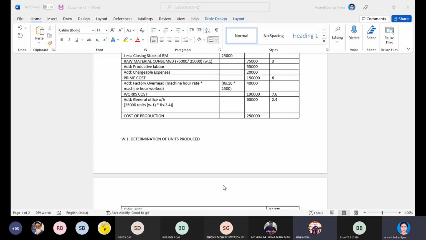Yes, 1 lakh 50 plus factory overhead 40,000. 1 lakh 90. And from 1 lakh 90, we are adding opening semi-finished goods or work in progress. Yes, over here.